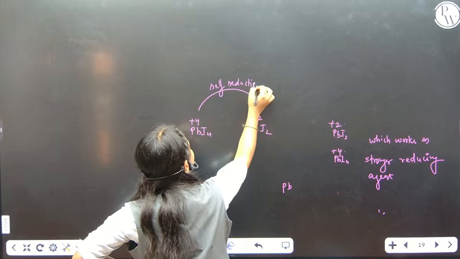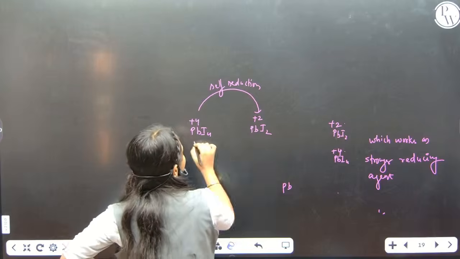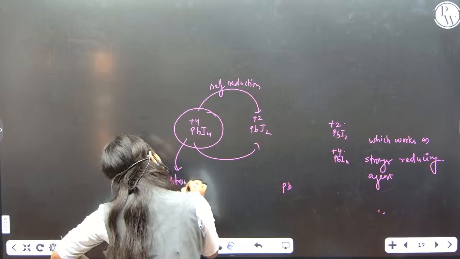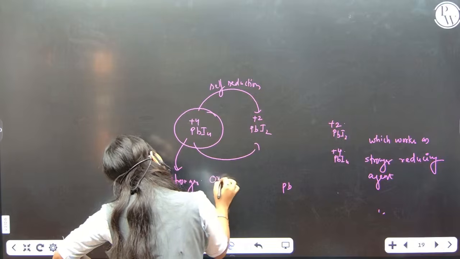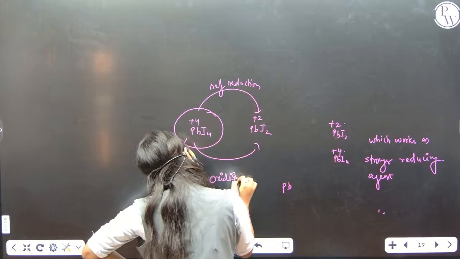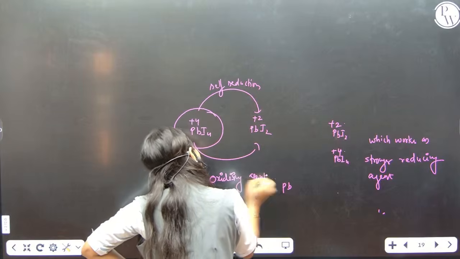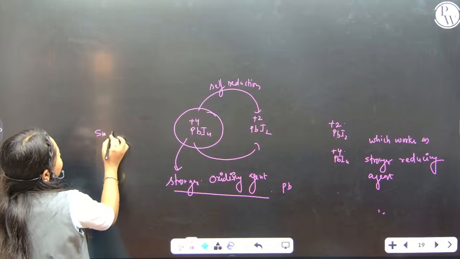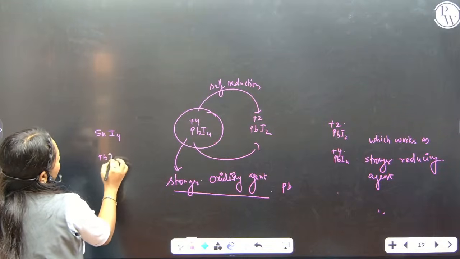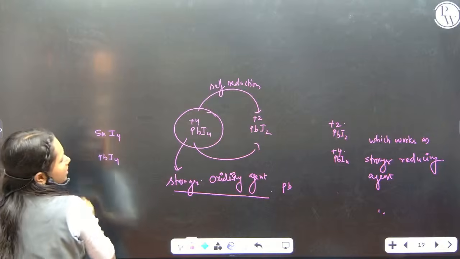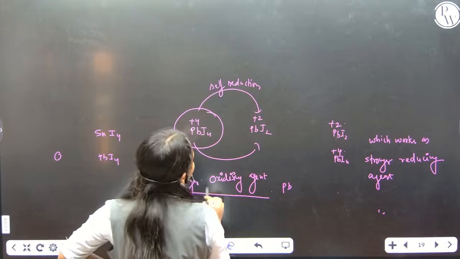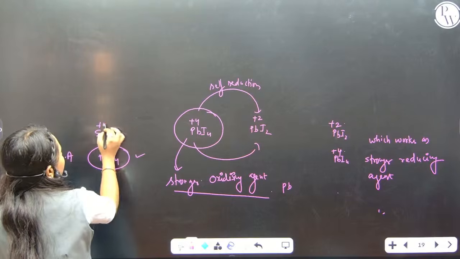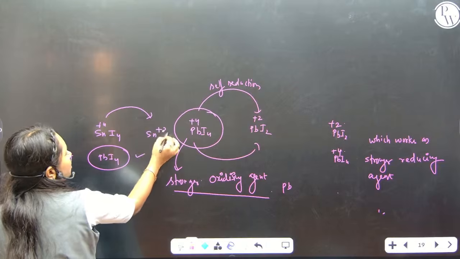So this is working as a stronger oxidizing agent. Correct? Like that also, if they ask you SnI4 and PbI4, which is the stronger oxidizing agent? The answer is PbI4, because tin will not go from +4 to +2.